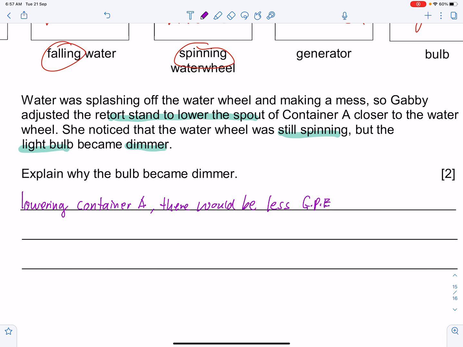Please spell that in full. Now this is very important: who does this GPE belong to? You cannot just say less GPE. You must say GPE of what. Is it of the spinning wheel, of the generator, of the falling water? You have to say GPE of the water. You need to be specific like that, in container A.